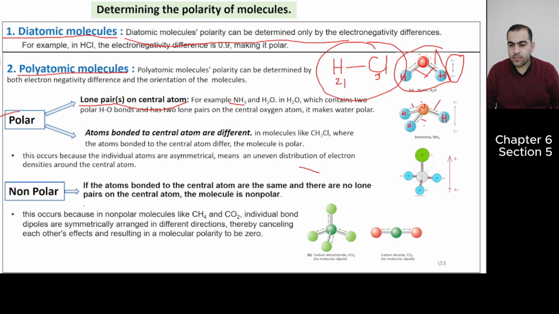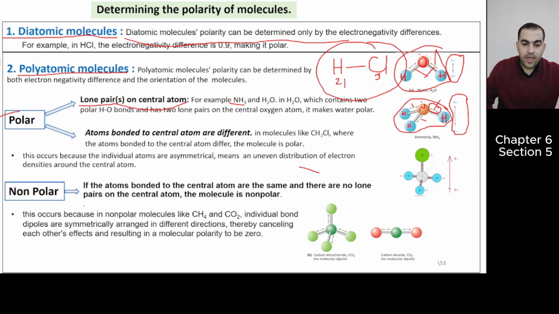Hydrogen is partially positive, and nitrogen has high electronegativity by comparison. So each bond is polar, and we represent it by the arrow that has a tail. And what about the whole molecule? It has lone pairs, so it's polar.